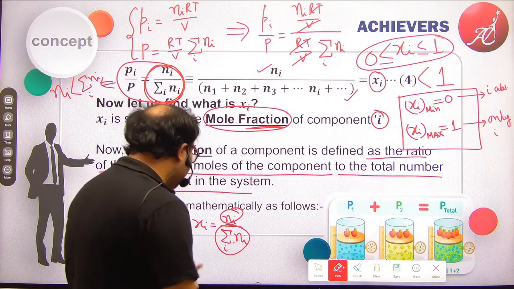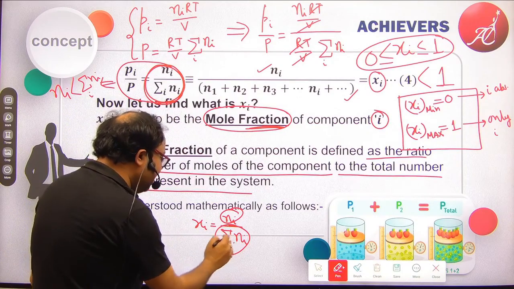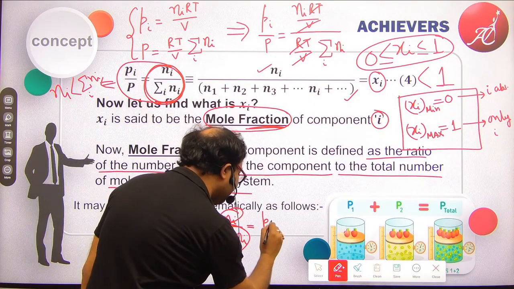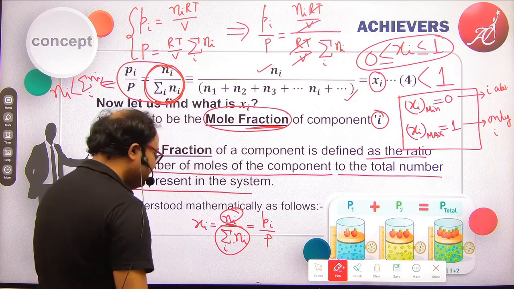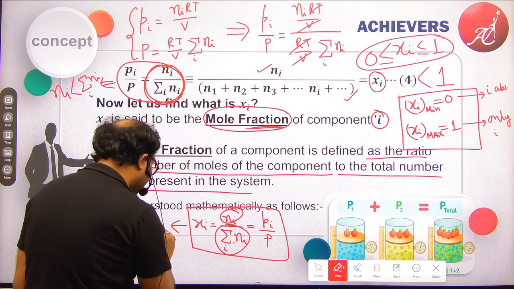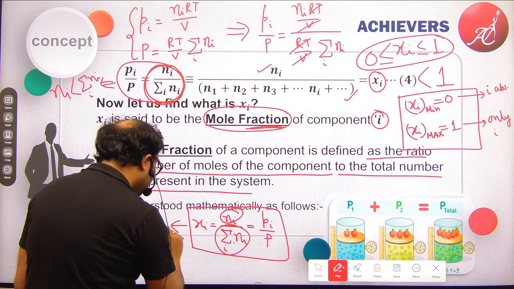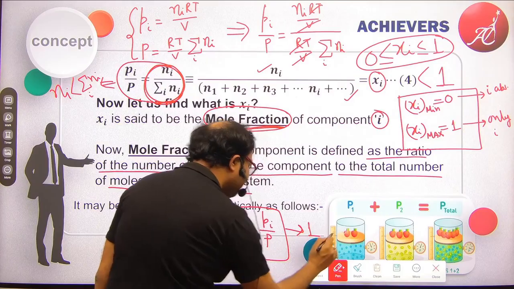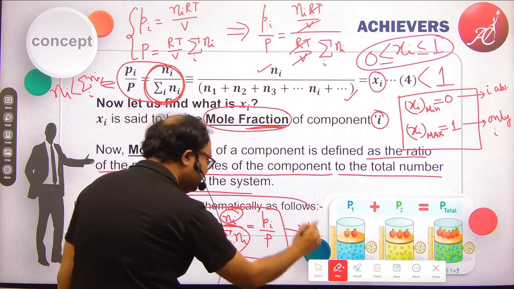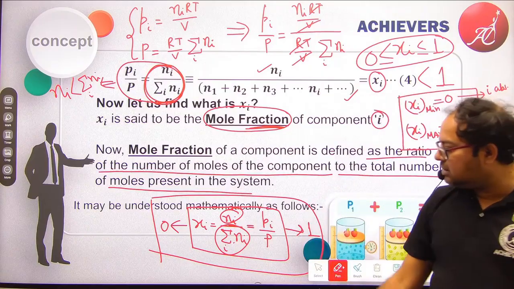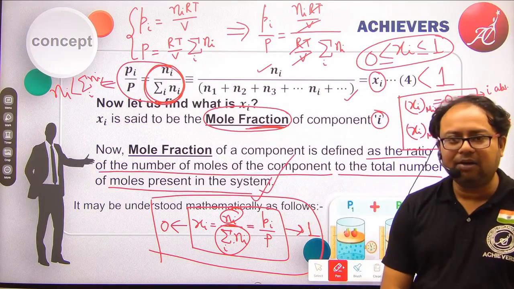And you have already got xi equal to ni by summation over ni, which is again equal to partial pressure of I by total pressure. This value will range from 0 to 1. So this is the final mathematical expression of Dalton's law.